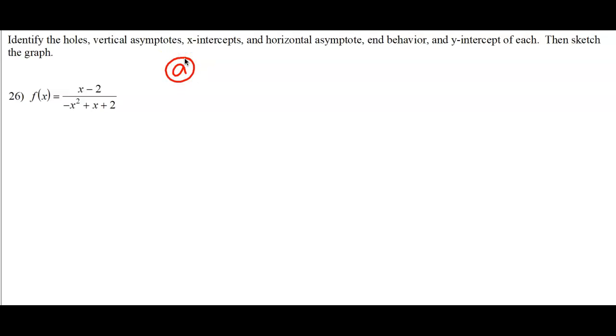Okay? So when you do this, you're going to need two of them, one for the left side and one for the right side.